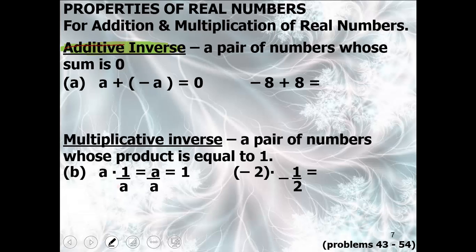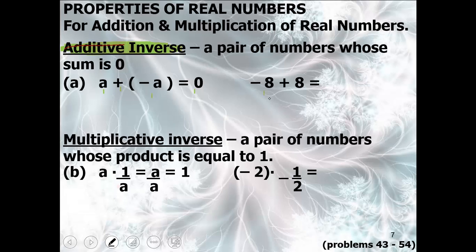Think of absolute value. This is where we saw the additive inverse. You have to add opposites together to get 0. So A plus the opposite of A equals 0. A and the opposite of A are additive inverses, because they're a pair of numbers that add to 0.